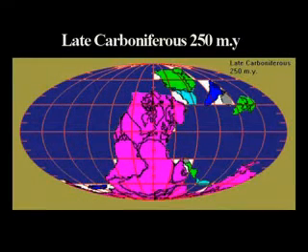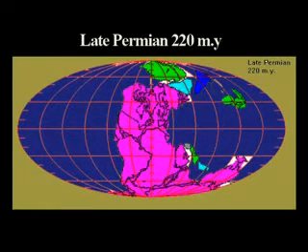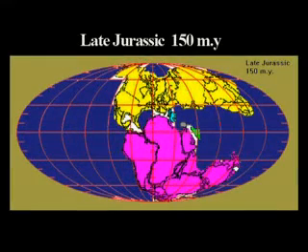This diagram shows the late Carboniferous period world roughly 250 million years ago, and the position of the world during the late Permian roughly 220 million years ago. The late Jurassic is an important period, roughly 150 million years ago.